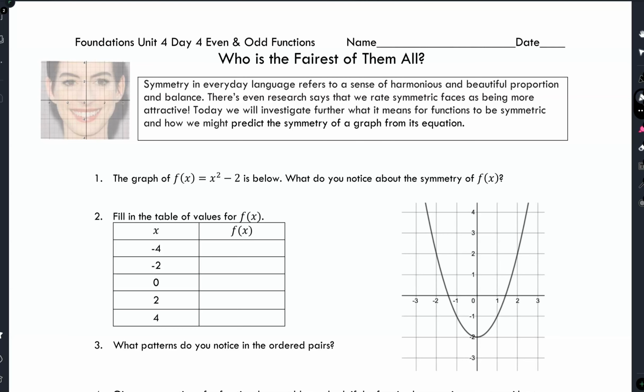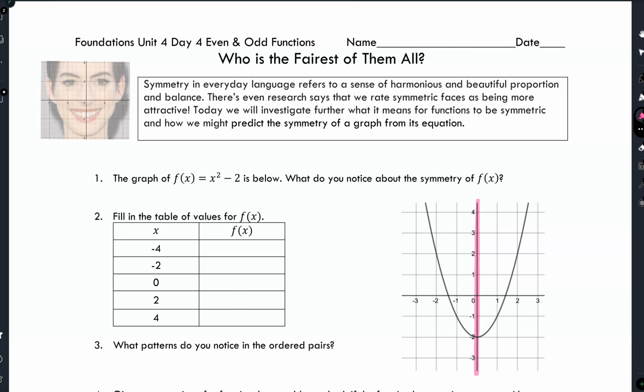So, the graph of x squared minus 2 is below. What do you notice about the symmetry of f of x? So, it has y-axis symmetry.